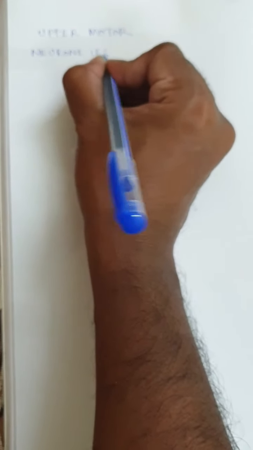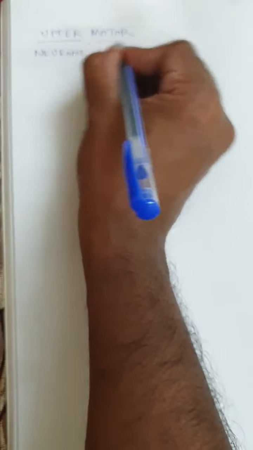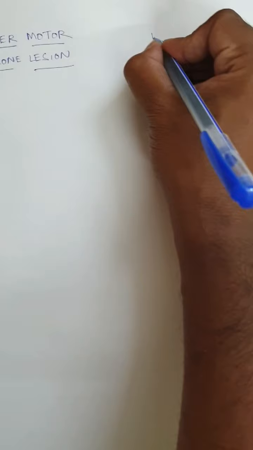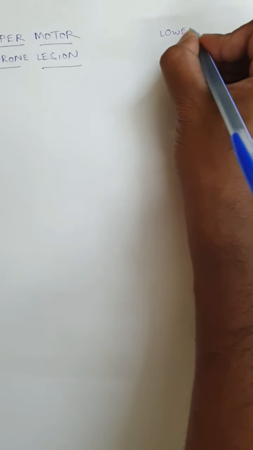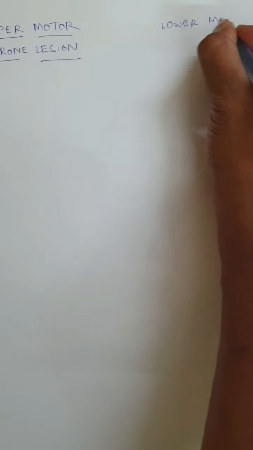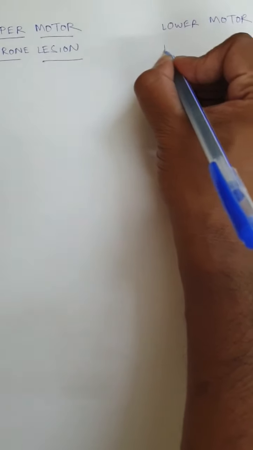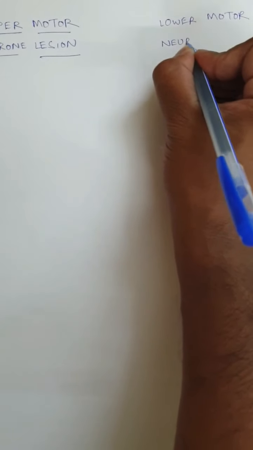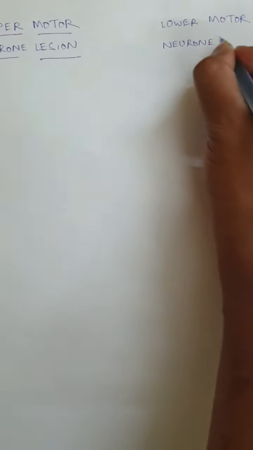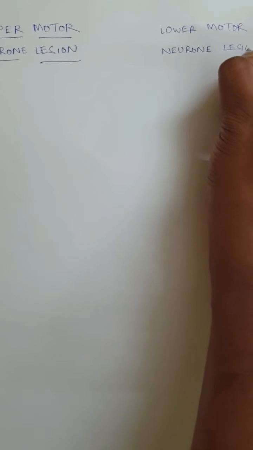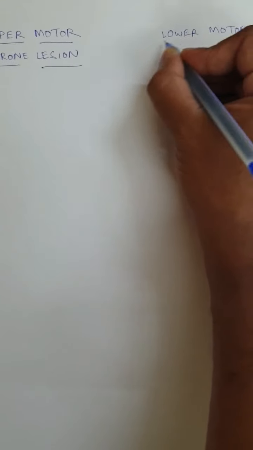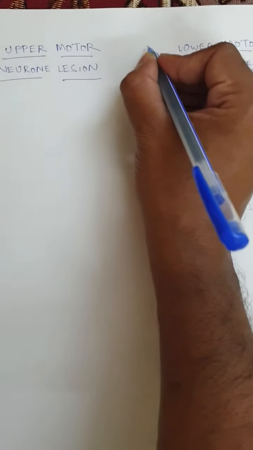Neuron lesion, and here we come towards the lower motor neuron lesion. Okay, we have now made two columns like this.